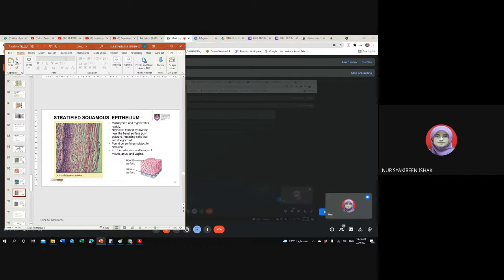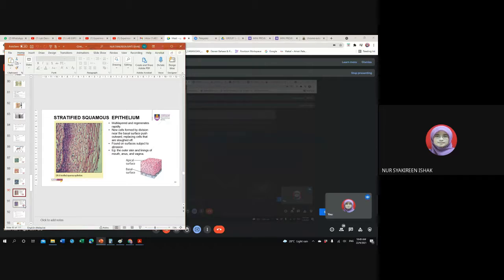Like the oral cavity will always be exposed to your enzyme, amylase, the saliva kan that has lysozyme. So dia akan selalu sentiasa terhakis. So mesti kena ada replace dengan sel-sel yang baru daripada lapisan yang bawah. Sebab tu kena terdiri daripada stratified squamous.